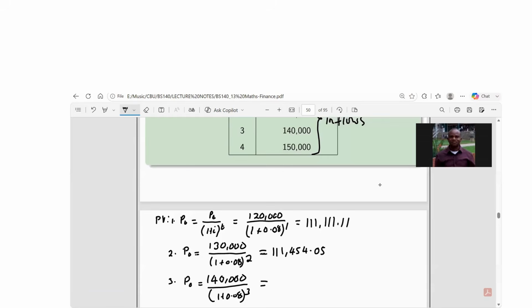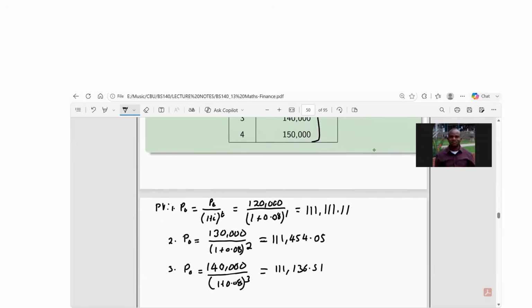As usual, I'll go in brackets: 1 plus 0.08 gives 1.08, to the power 3 gives 1.2597112. Now 140,000 divided by my answer gives 111,136.55 to 2 decimal places.